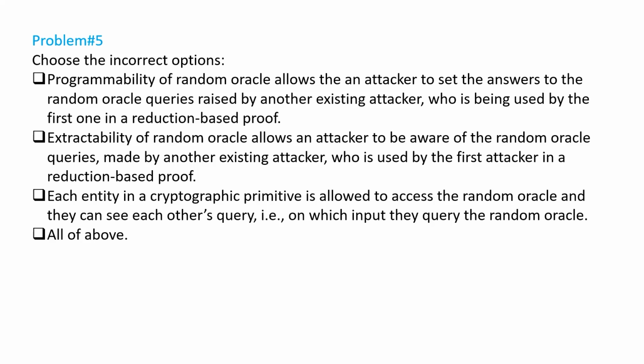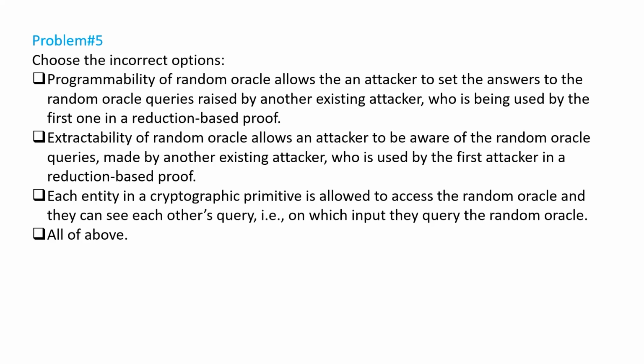Then basically in the proof, the attacker A dash itself assigns some value to the query input of A, and that's how the random oracle table is filled up, and that is the property of programmability of random oracle.